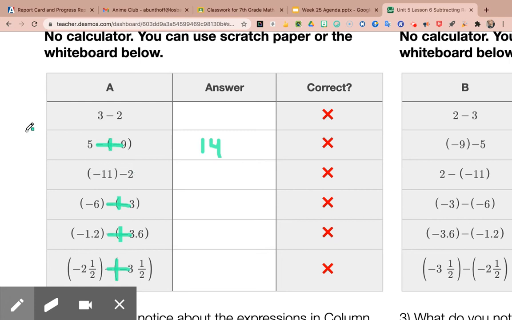Negative 11 minus 2, so I want you to think of it like this. If I'm at negative 11 and I subtract 2 more, I'm going to go down 2 more, so I'm going to be at negative 13. So negative 13 for the next one.